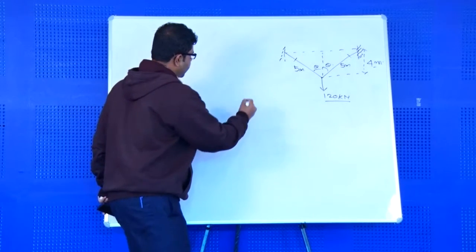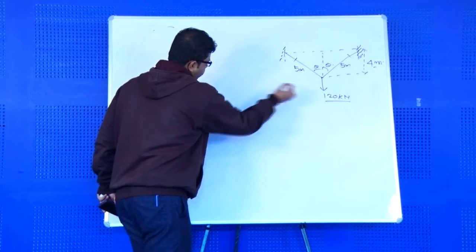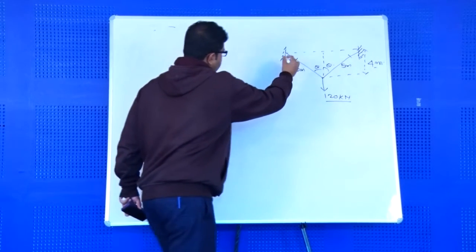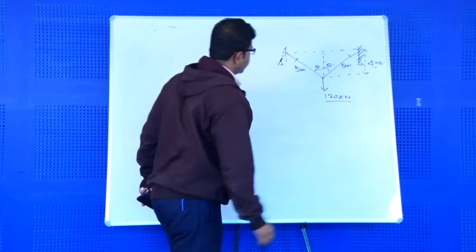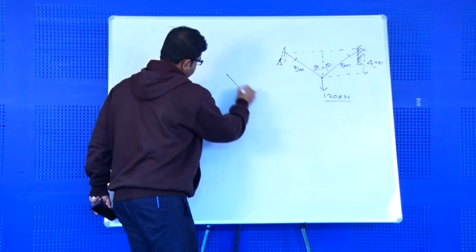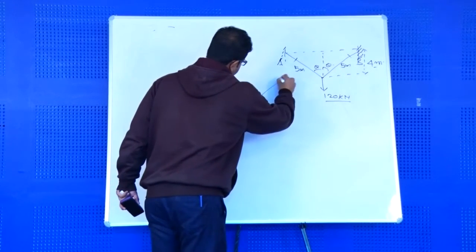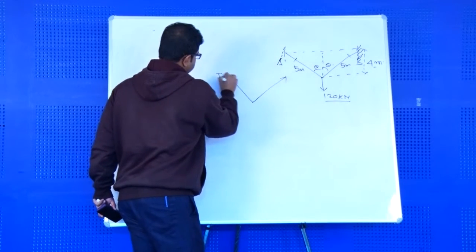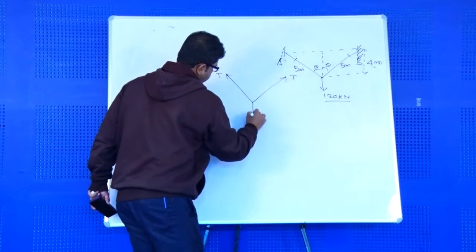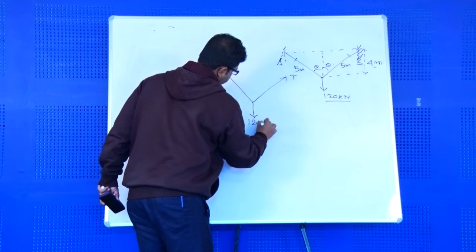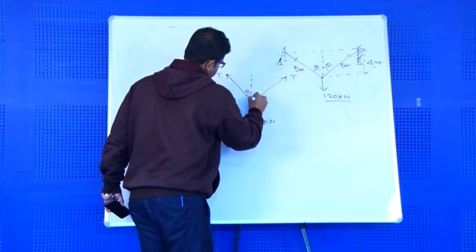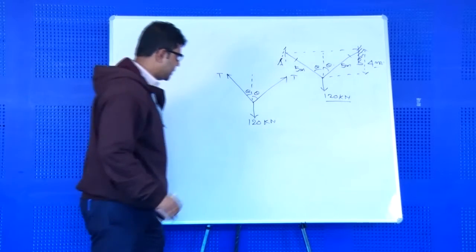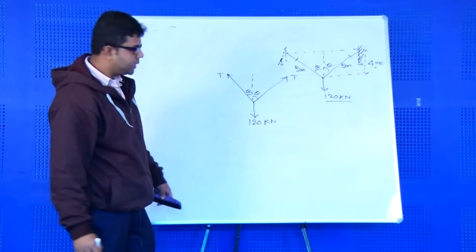What is the free body diagram? If this is the loading, we can name the supports A and B. The tension is acting in these two segments like this, and this is the loading, 120 kilonewton. Let us suppose this is the angle theta in between.